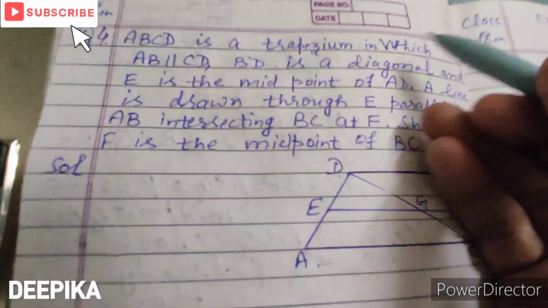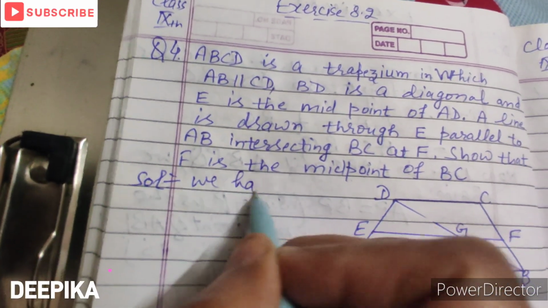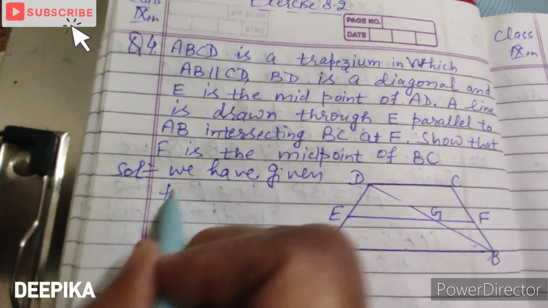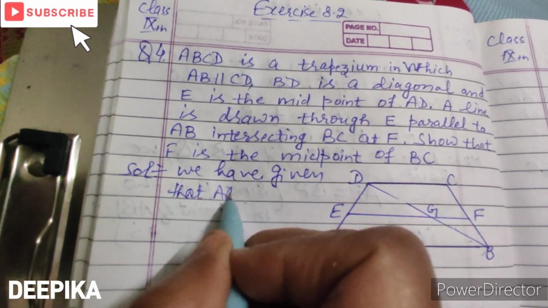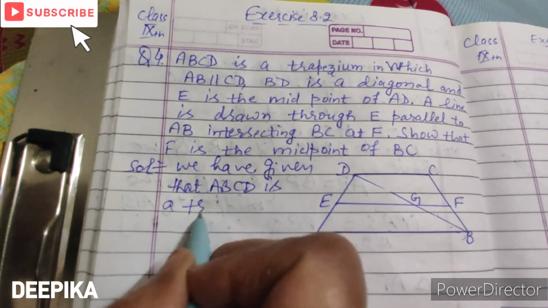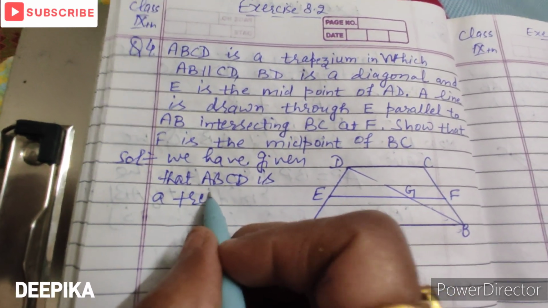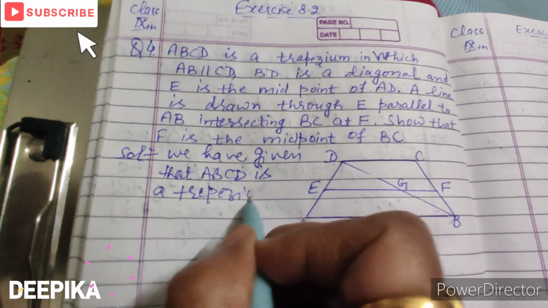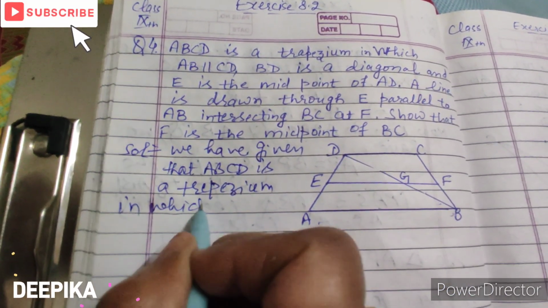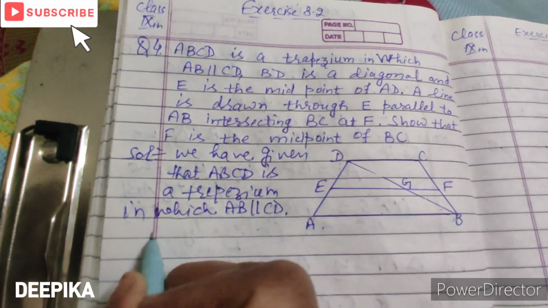So what we have given? We have given that ABCD is a trapezium in which AB is parallel to CD.